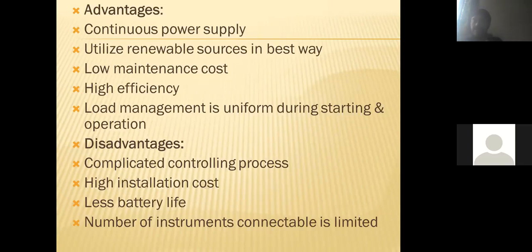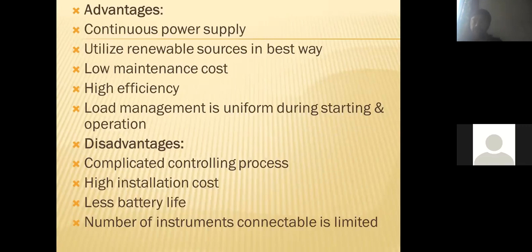The other advantages here, if I am considering your system, we are using only the solar and wind part. Both are renewable resources, which don't produce any pollution at all. So that way it is going to be more advantageous.